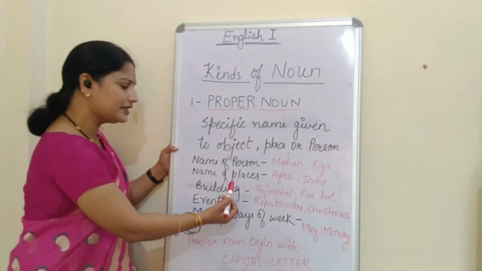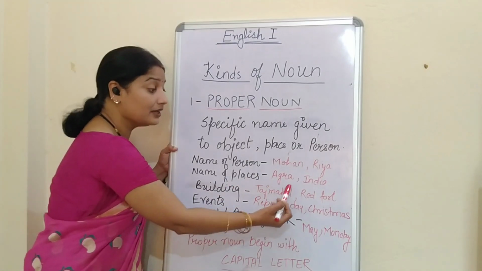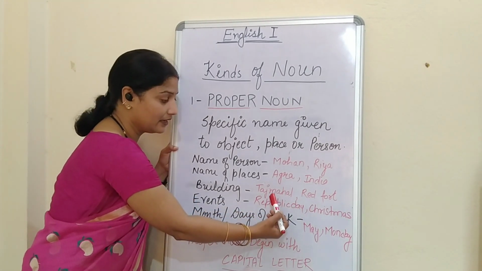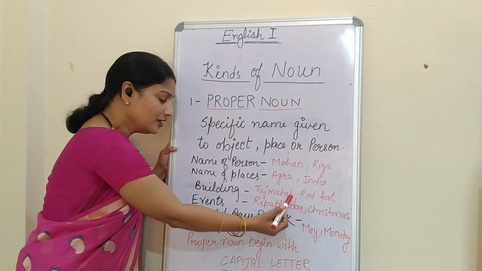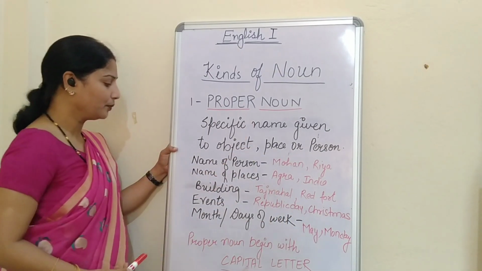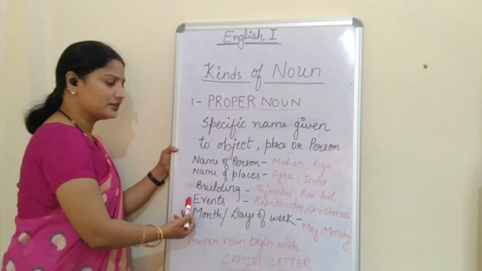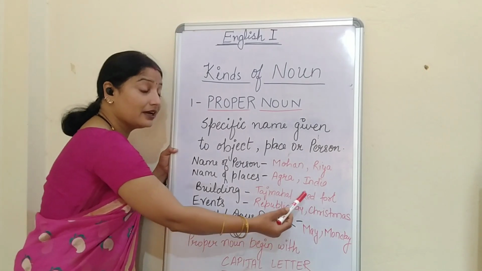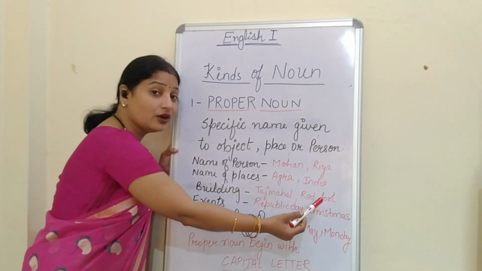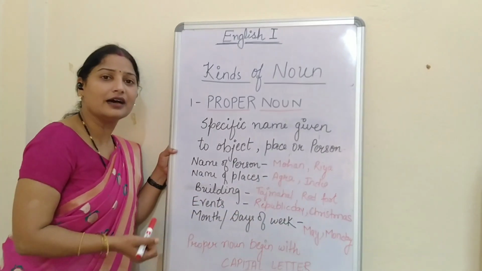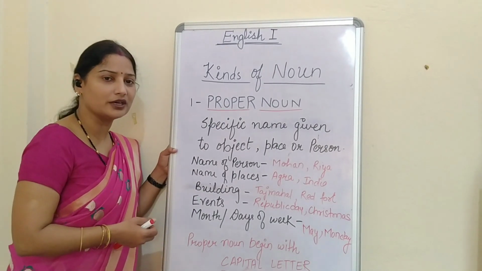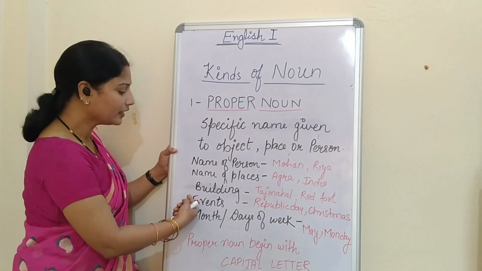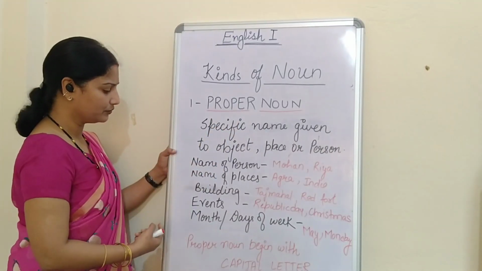Then, buildings. Taj Mahal, Red Fort. Again, these are some specific monuments that I am using here. So, it is an example of proper noun. Events: Republic Day, Christmas, Diwali, Holi. All these are specific events celebrated all over the world, and that's why they all come under proper noun.